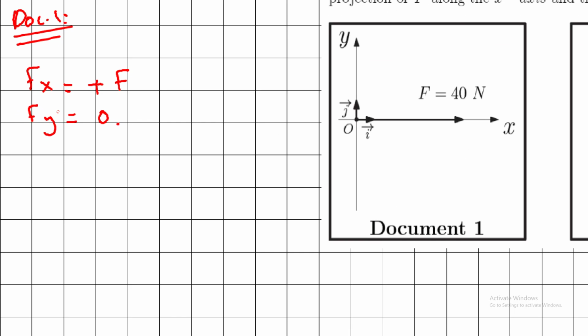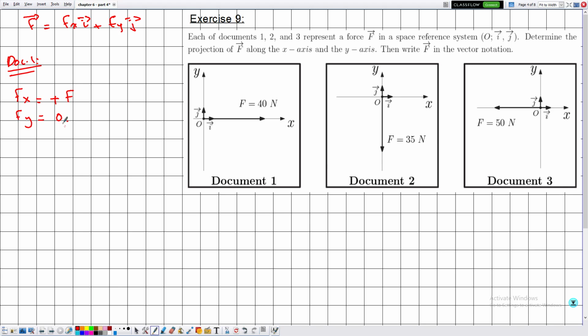As for the other axis, it will be directly 0. So in this case, F is given by Fi plus 0j, which is simply equal to Fi. So the vector notation is given by F multiplied by the unit vector i.